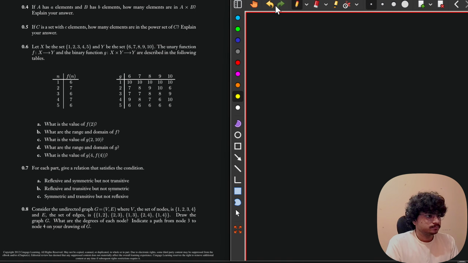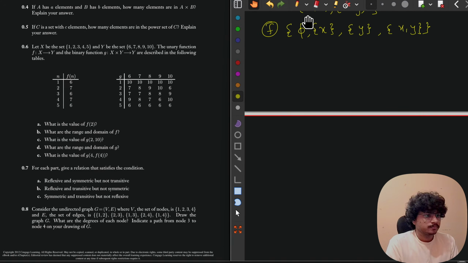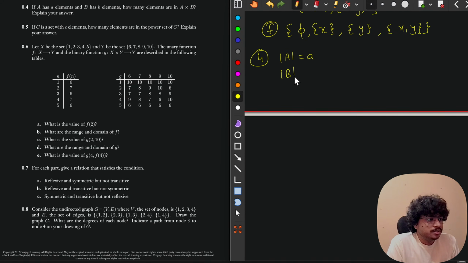The number of elements in A equals A, the number of elements in B equals B. I have to find the number of elements in A cross B, and I say that it is simply AB.